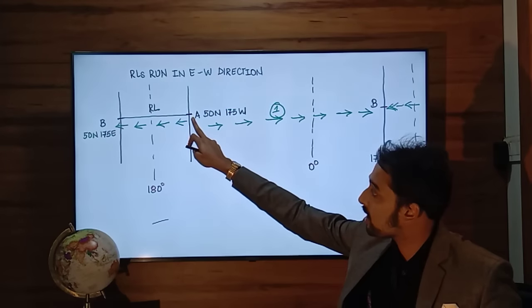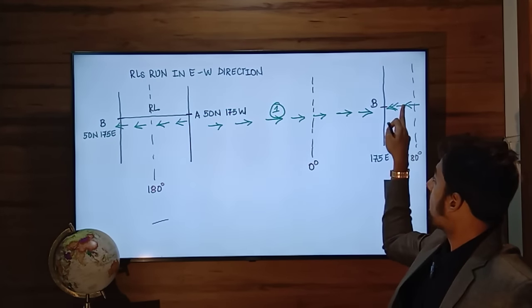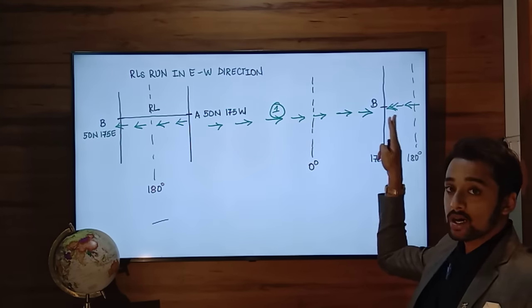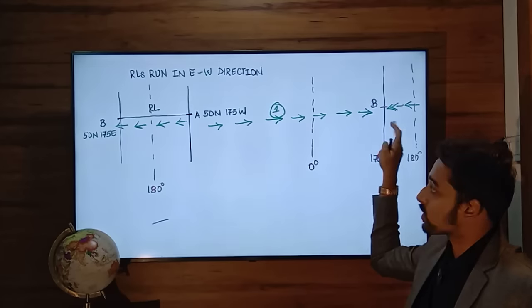So I will start from Alpha, I will cross the anti-meridian, and I will come on the other side of the picture, or the other hemisphere, which is the east hemisphere.